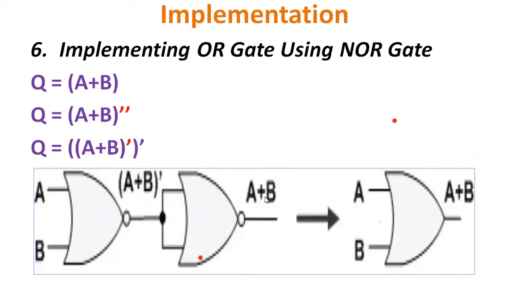Then the next thing is implementing the AND gate using NOR gate. Now we will see it fast. Q equal to a dot b is the output expression of the AND gate. Normally we use the double bar, which means using De Morgan's law.